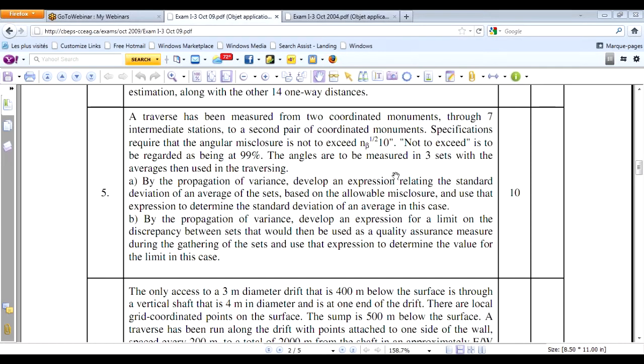So you go backwards given a certain number of sets to get what the standard deviation would be for an angle that's out of one particular set. And remembering then that the discrepancy for that is the difference between individual sets, so you simply multiply that by a factor of root 2.